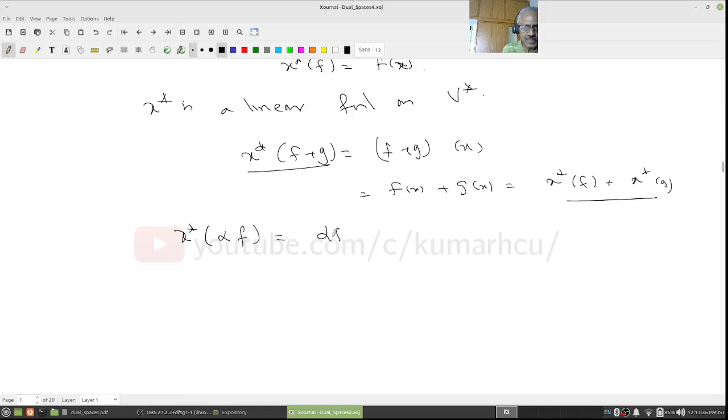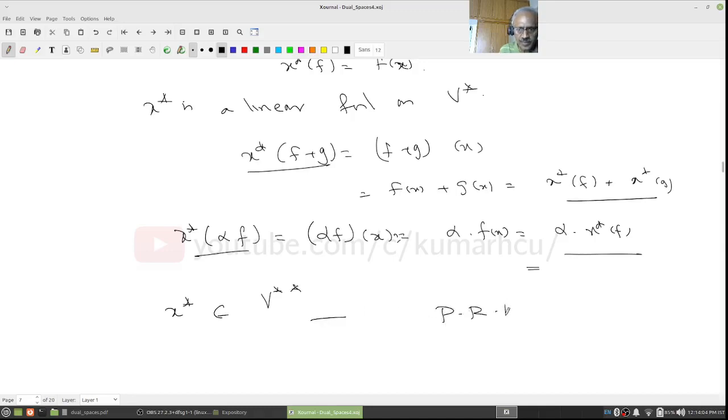But that is by definition alpha f acting on x, which is alpha into f of x. But that is alpha into x star of f. You understand that? So what have I done? x star of alpha f is alpha x star of f. Therefore, x star belongs to V double star. Pause, review, proceed.